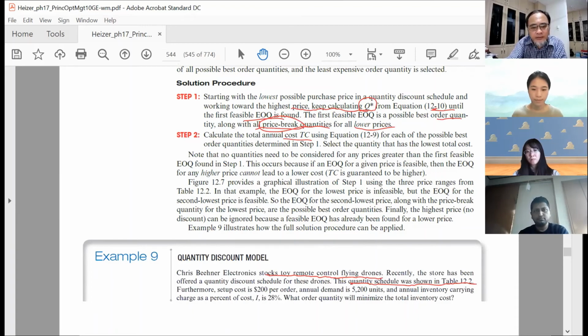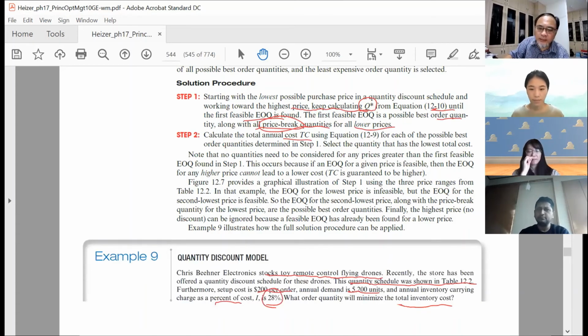Setup cost is 200 per order. Annual demand is 5,200 units. Inventory carrying cost as a percentage is 28%. What order quantity will minimize the total inventory cost?